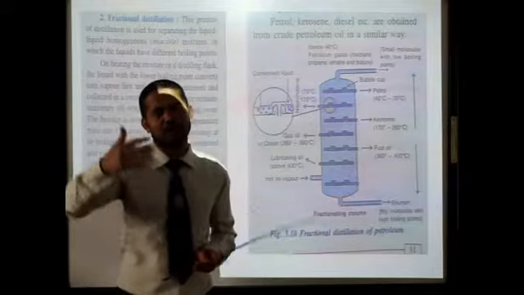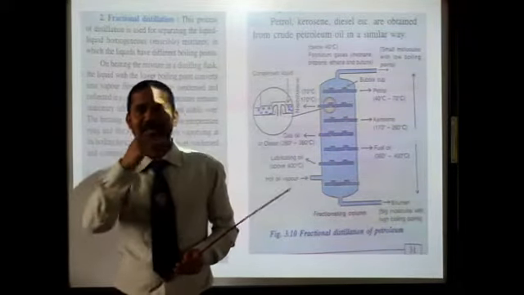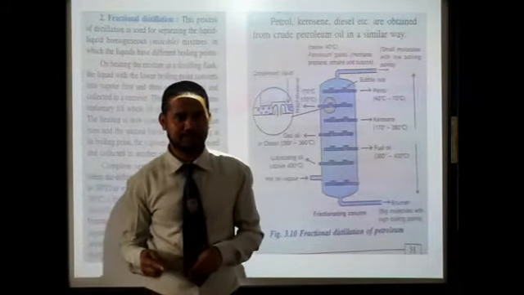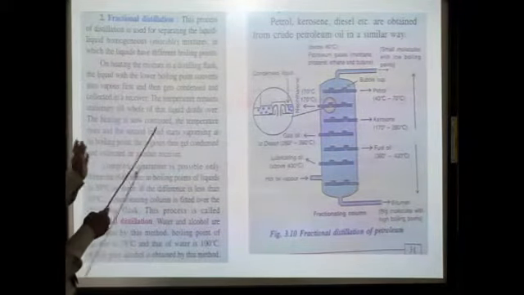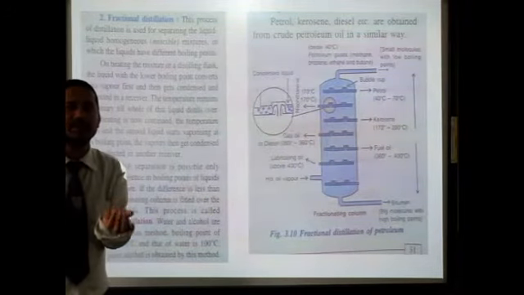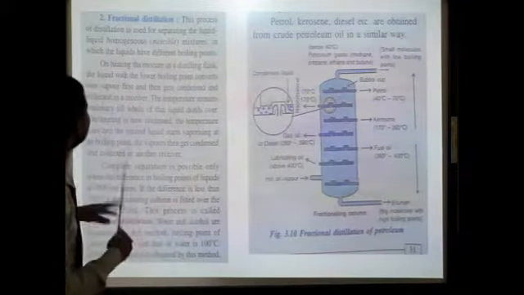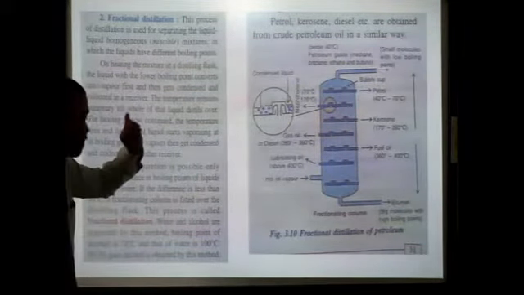When all the liquid of the second type has vaporized, only then does the temperature rise and another liquid component start boiling. So this way, fractional distillation takes place.